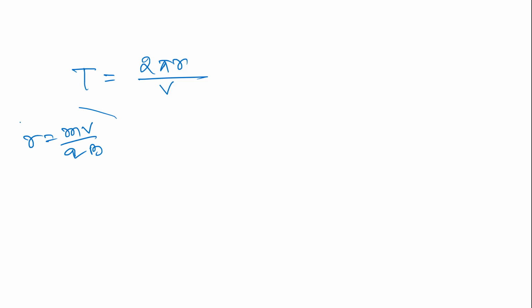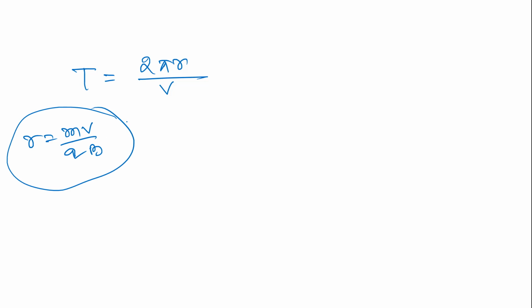How much time is needed for the particle to complete one revolution? The time period is represented as the total circumference of the circle, 2 pi r, divided by the velocity, right? So in this case, what can I write? r has the expression r equals mv divided by qB.